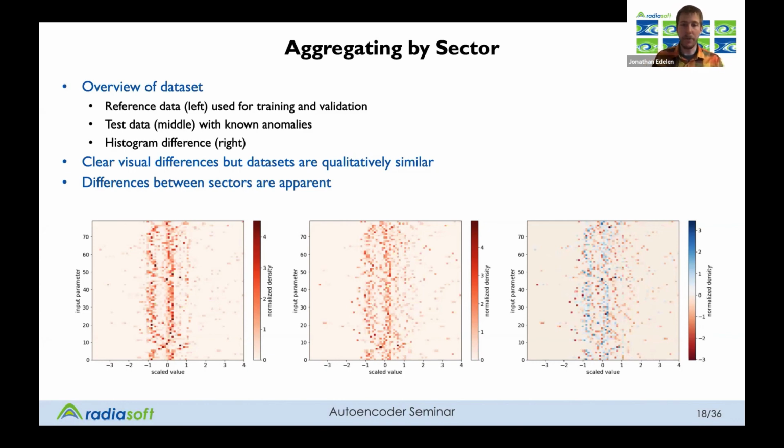For example, they both have this sort of X pattern in the bottom here, and they both have the same vertical clusterings. But if you look at the difference between the two, there are some significant differences. So we should be able to learn something by training on just the reference data and then testing on the test data.